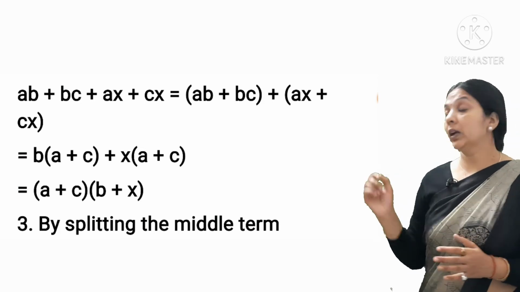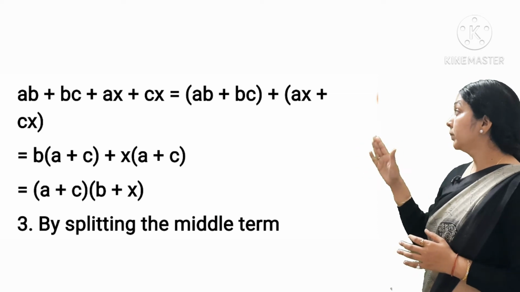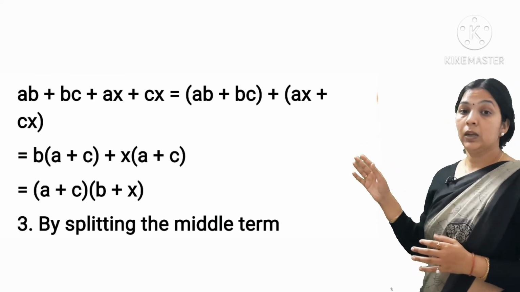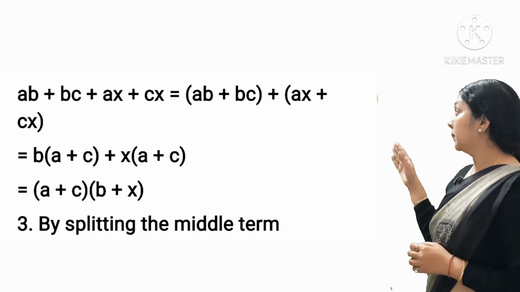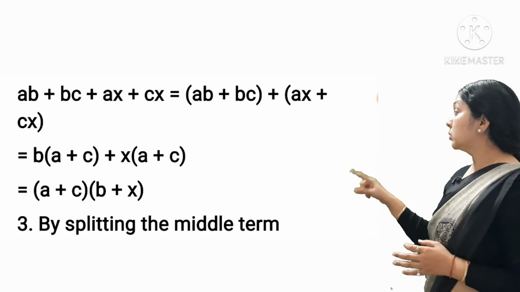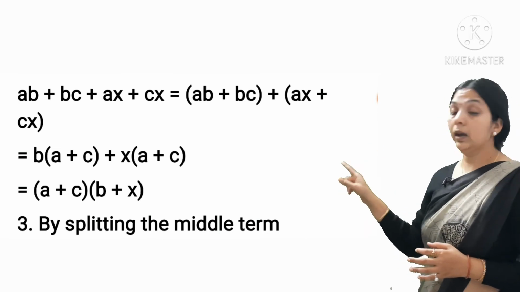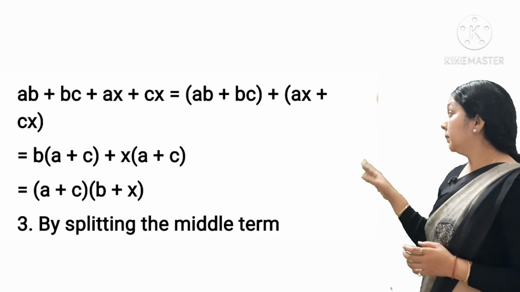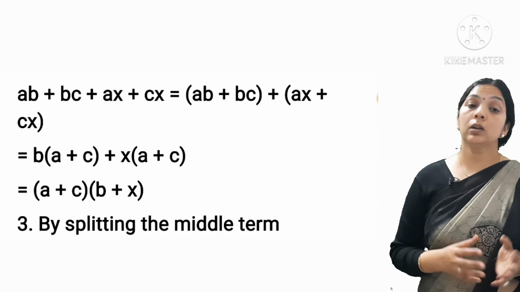We can take b common from ab plus bc, so it would be b into a plus c. Again we take common x from ax plus cx, so it would become x into a plus c. Now we can see that a plus c is common in both the terms, so it would result in a plus c into b plus x. So this is how we can factorize by using grouping.